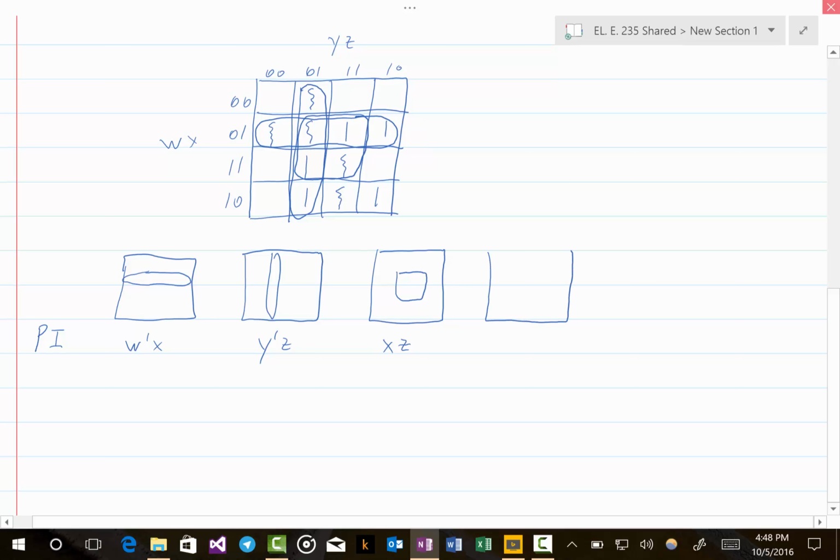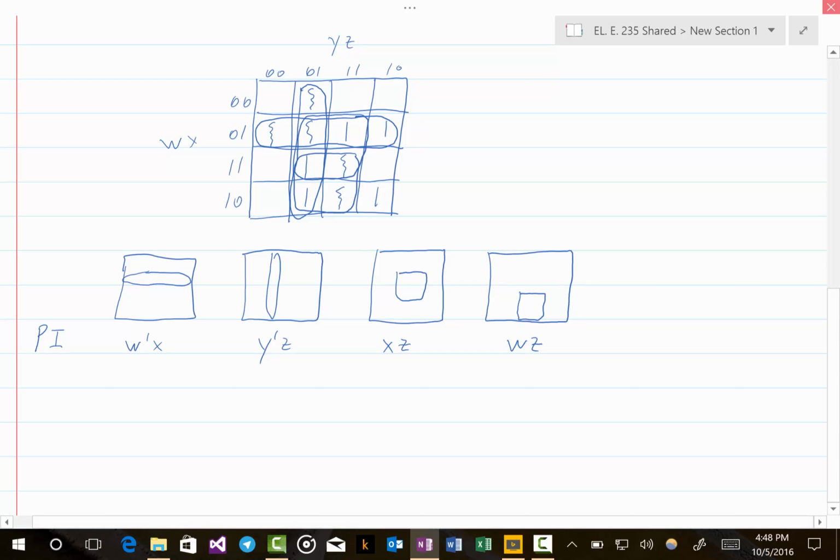And then still another grouping of 4 is this one right here. And notice that W is constant equal to 1, Z is constant equal to 1, so that's WZ. And that is the end of the groupings of 4 one cells.